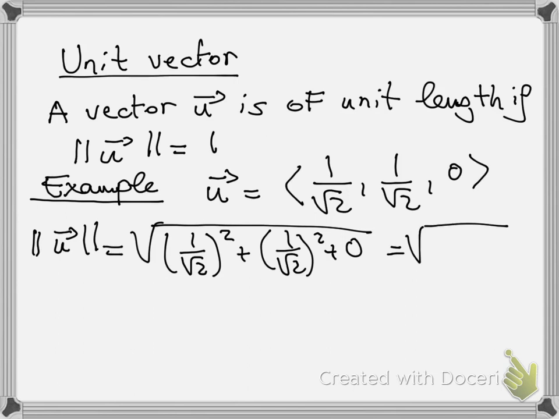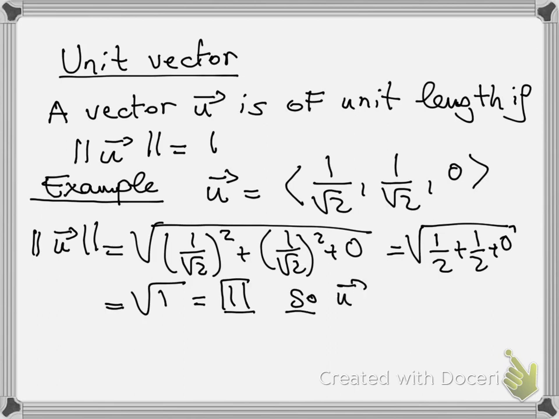So that will be the square root of 1 over 2 plus 1 over 2 plus 0. So square root of half plus half, that's 1, plus 0. So that's square root of 1, which is of course 1. So u is of unit length, or it's a unit vector, because its magnitude is 1.